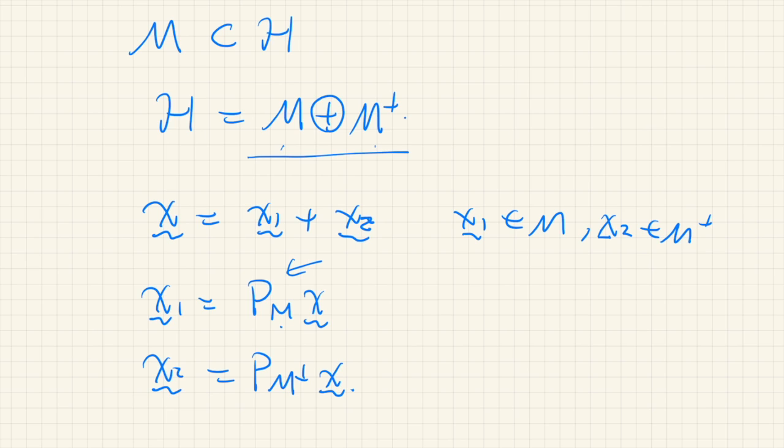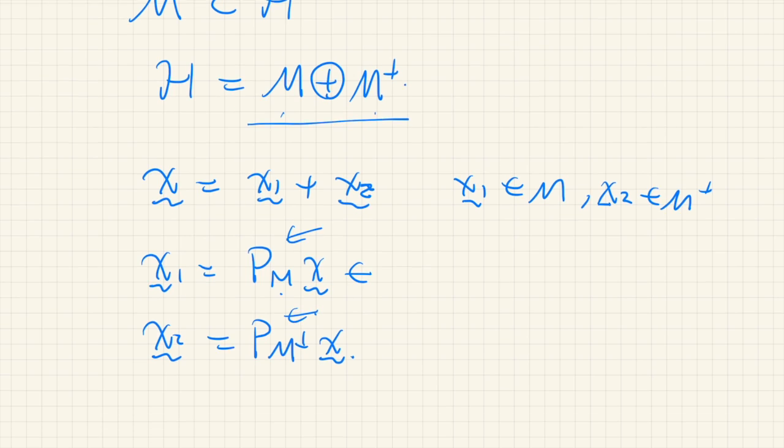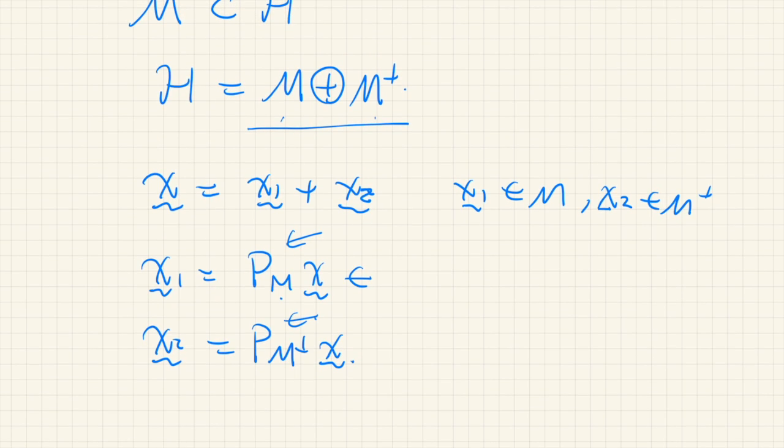So this is a projection operator. And as we have seen in the proof of the previous theorem, this x1 was determined from the distance between x and M.